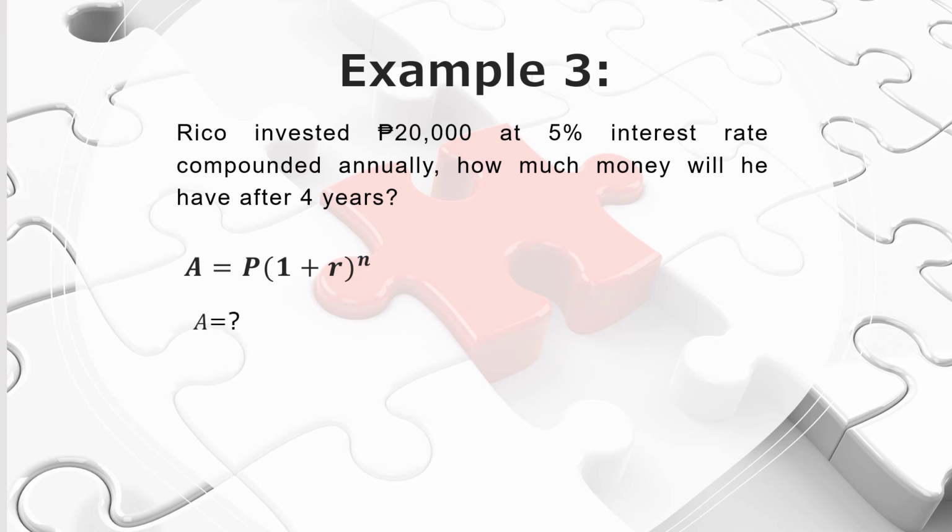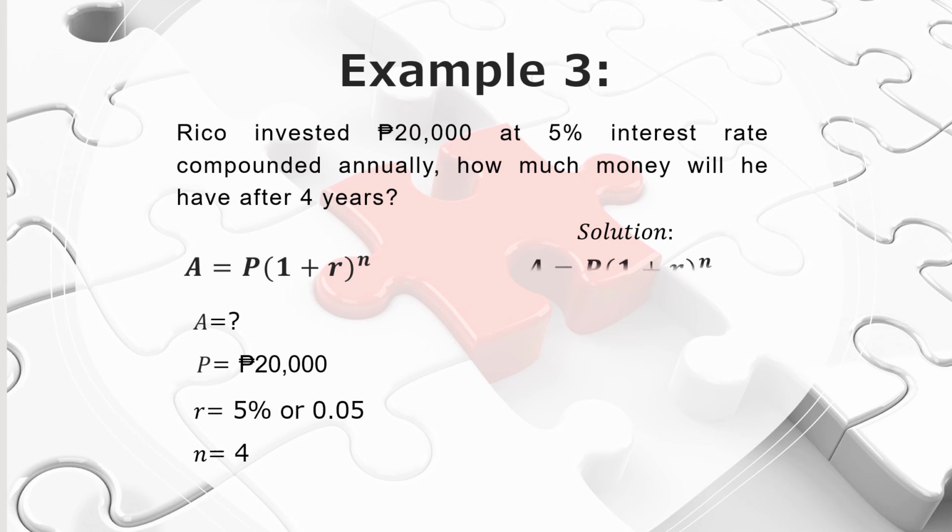A is amount of money after 4 years, which is yung hinahanap. Then P, principal starting money, which is 20,000 pesos. r is rate of interest, which is 5% or in decimal is 0.05. n is the time, which is 4.